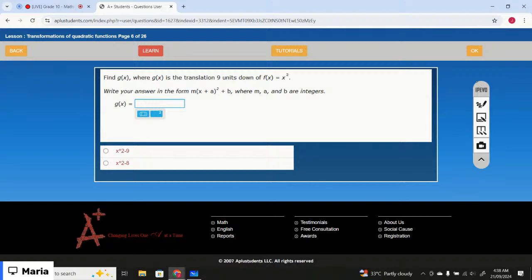The correct option is x squared minus 9. Option number 1 is the correct option.